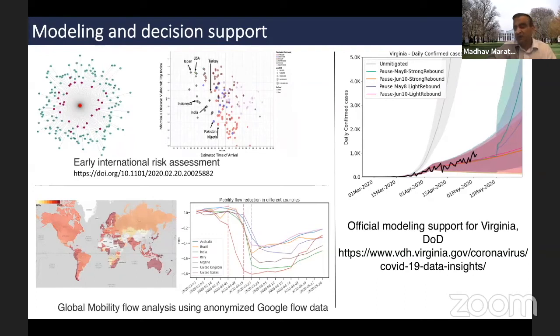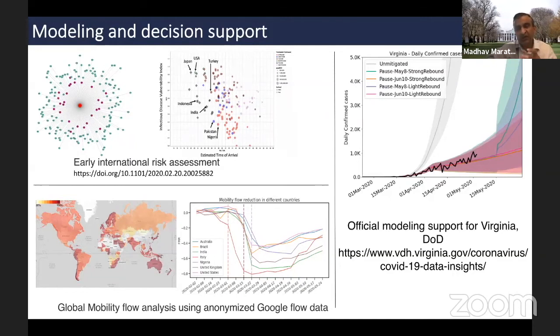You can do a forecast for a couple of weeks with reasonably good accuracy, at least in some cases, if the data starts becoming available. At the bottom left, we have a paper with Google using flow data that we got from Google. This is flow data that Google collects. It's anonymized, aggregate data based on digital devices and tells you what flows exist between any two patches in the world, and these patches are roughly 2 square kilometers big.